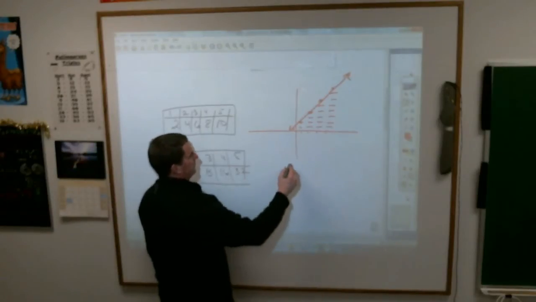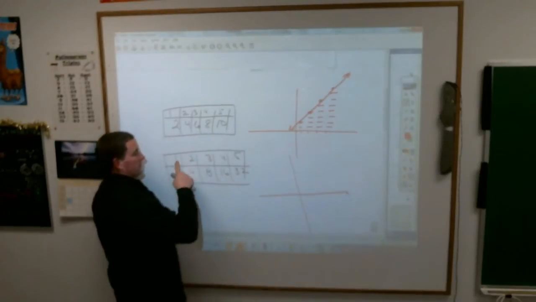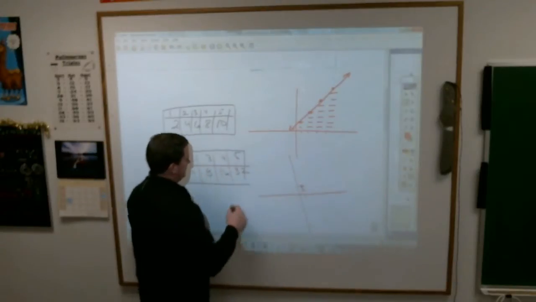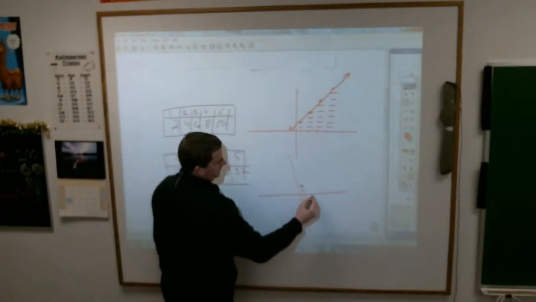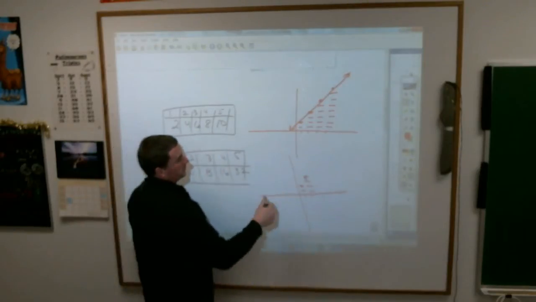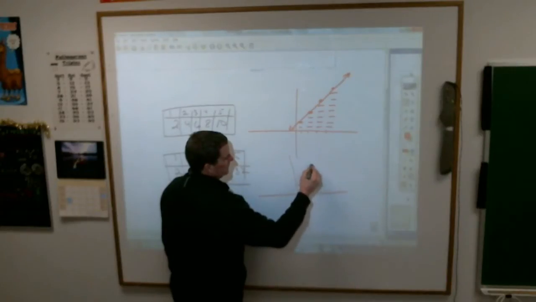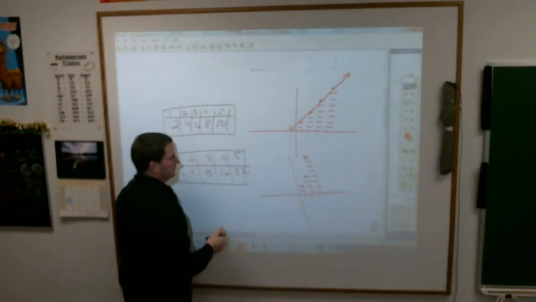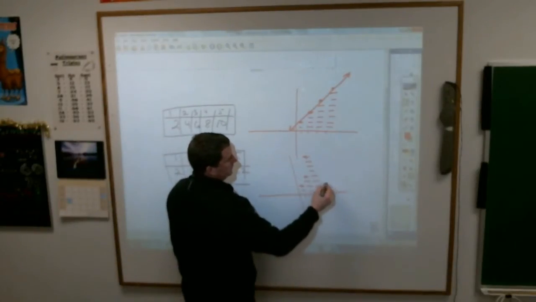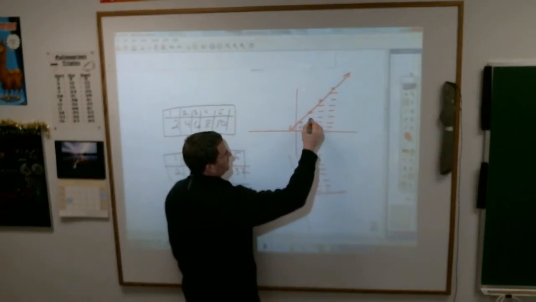What do you think is going to happen if I graph the second one? Well, let's look at it. 1 is 2. Starts out the same way. 1 is 2. 2 is 4. Still the same. But 3 goes up a lot more. 1, 2, 3, 4, 5, 6, 7, 8. 4 actually ends up being 16, which is 1, 2, 3, 4, 5, 6, 7, 8, 9, 10, 11, 12, 13, 14, 15, 16.